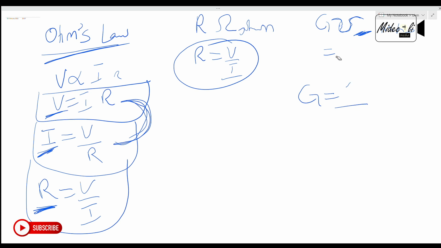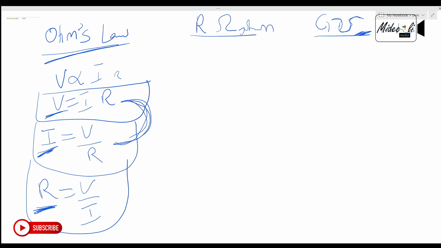Now let's go further. Now let's look at resistors when they are in series. So this is a resistor. These resistors are in series. So if this is our R1 and R2, this implies R1 plus R2.